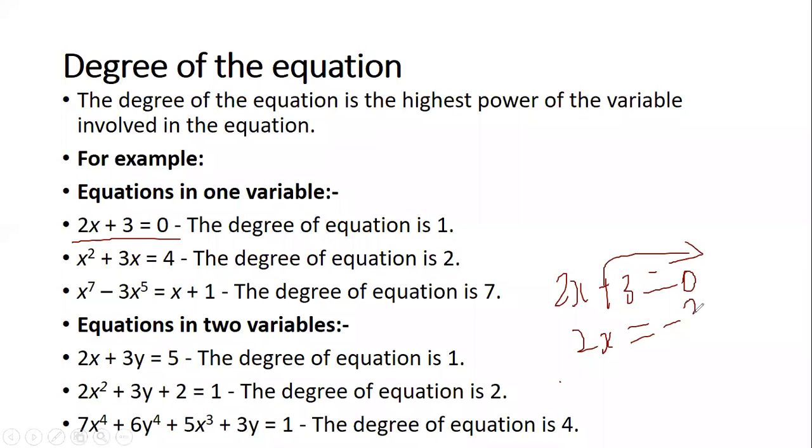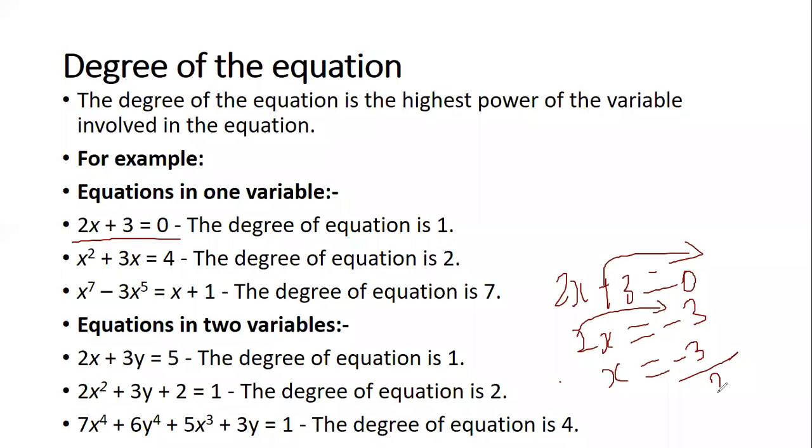Good. Now, what is the next step that I can do? x is equal to... okay, minus 3 is done. Now say this: 2 into x, this is the expression. When I take this 2 to the other side, what will it become? Minus 3 by 2. Do not forget the minus.